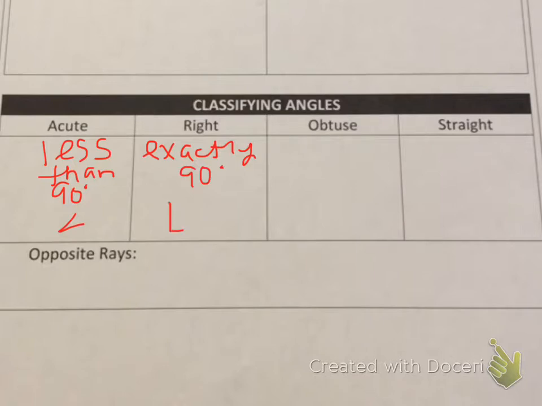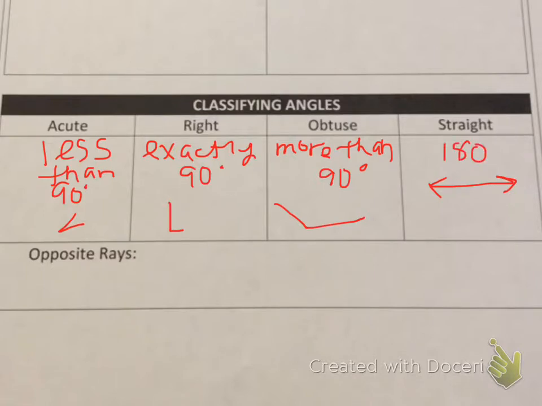So it looks like that. Obtuse is more than 90 degrees. So it's like this, really far open. And straight is just like this. A straight angle measures 180 degrees.